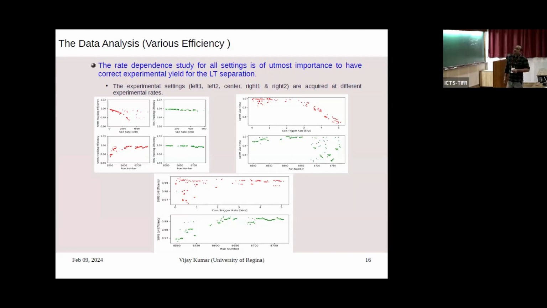And here this is the hodoscope trigger efficiency. And this is for the whole data, the whole run range.